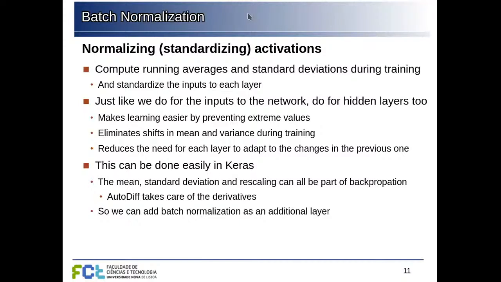This is something that we do in the inputs, but we can also do between layers in the network. And that's the idea of batch normalization. What we're going to try to do is to use standardization. It's called batch normalization, but we saw in a different context that we use normalization to refer to the rescaling method that changes everything to a scale between 0 and 1, and standardization to the rescaling method that shifts the mean to 0 and the standard deviation to 1.